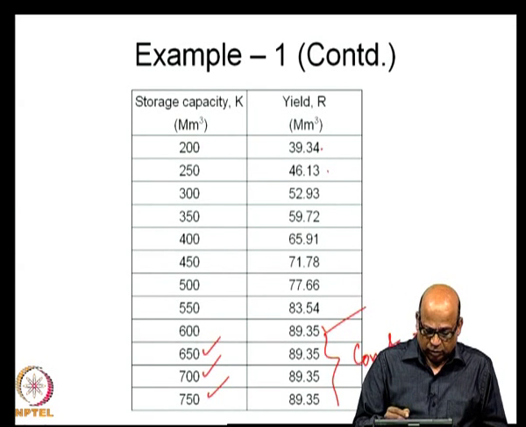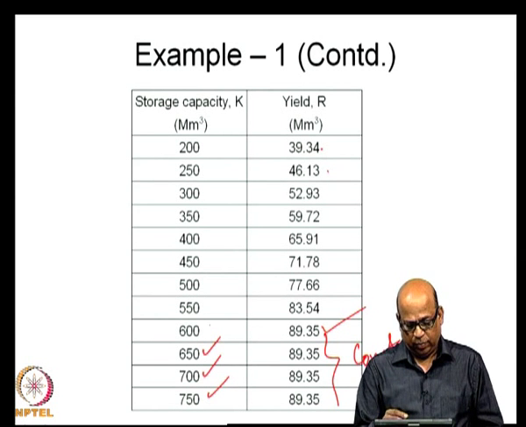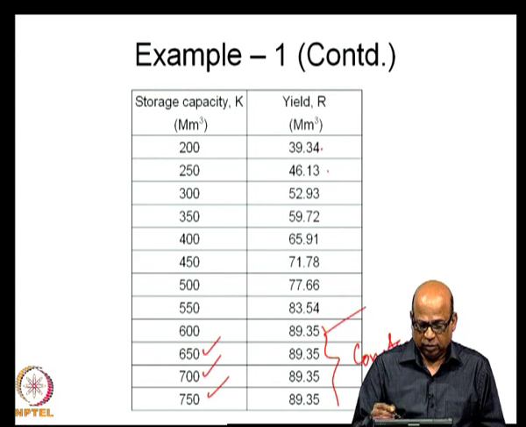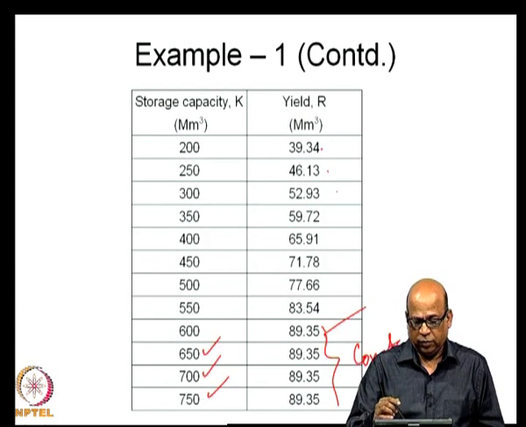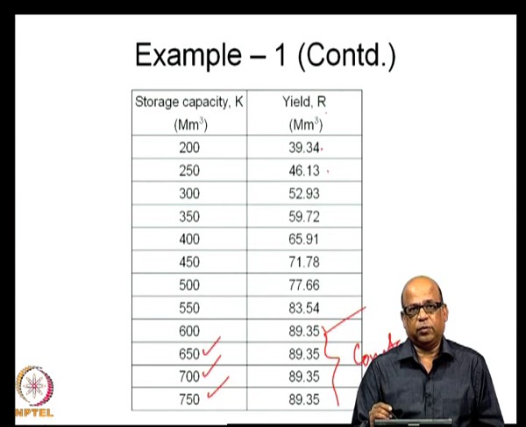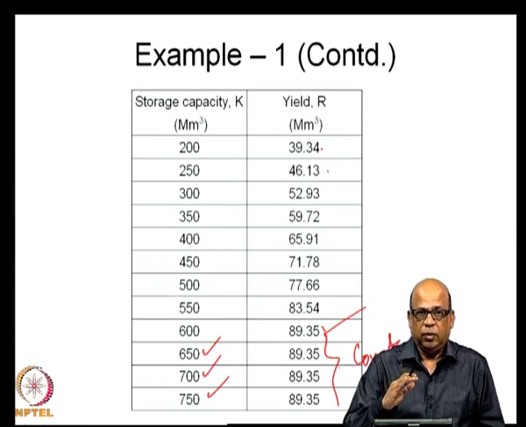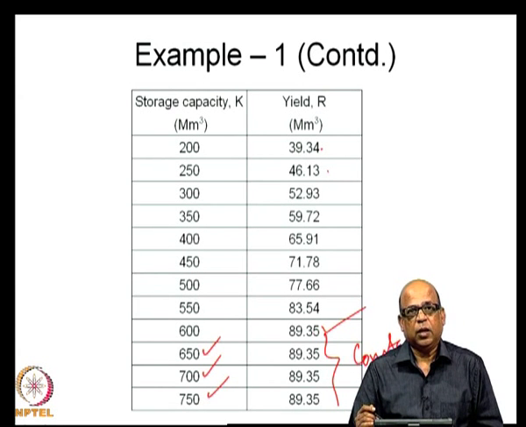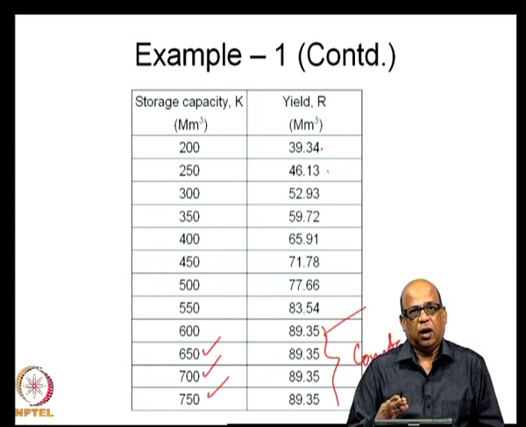Which means that if you build a reservoir beyond 600 million cubic meters, it is all a waste as far as meeting the yield is concerned. That means the yield from the reservoir will not be any more than 89.35, no matter how big the reservoir is.